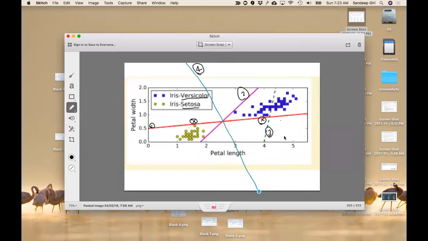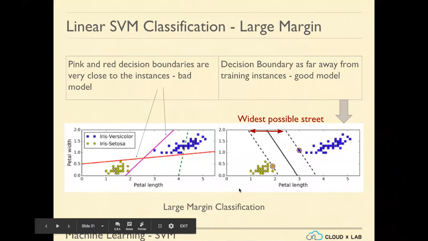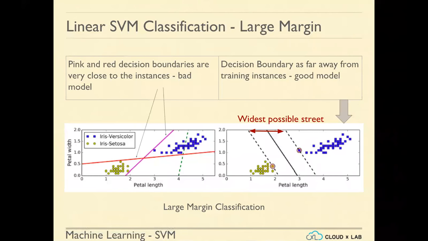Now what we need to do is draw a line such that there is the widest possible street between the two data sets. We would try to maximize this gap, and that's what the large margin of SVM classification is.